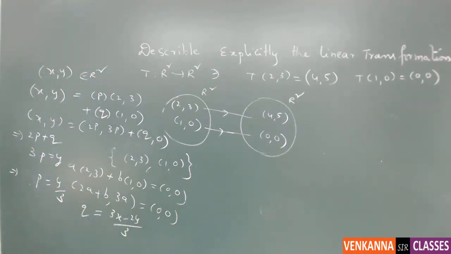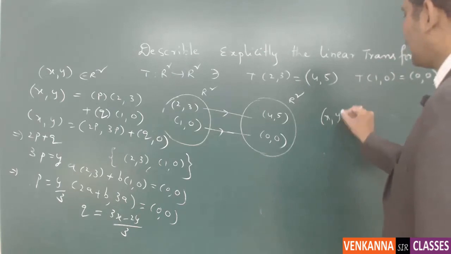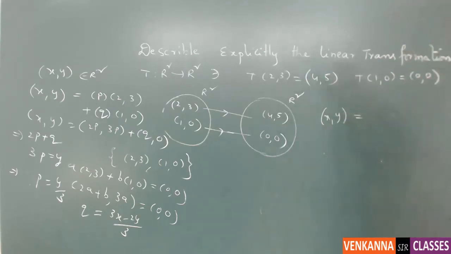Right. So what is my unique expression? Whenever I take (x, y), the linear combination is y by 3 into (2, 3) plus (3x minus 2y) by 3 into (1, 0).